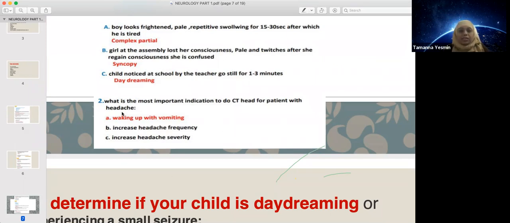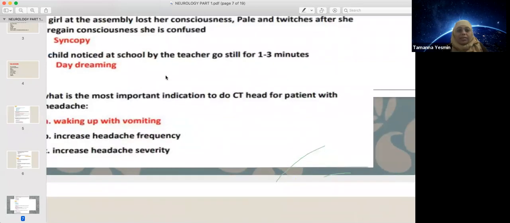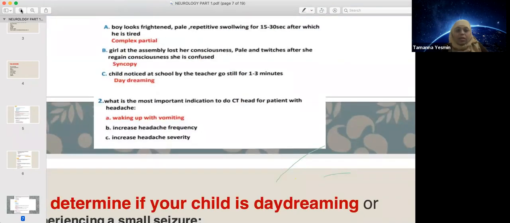Next question is, what is the most important indication to do CT scan? This is a very common question. Indication of CT scan during headache. There are certain indications of CT scan, like any child who has new onset of squint.